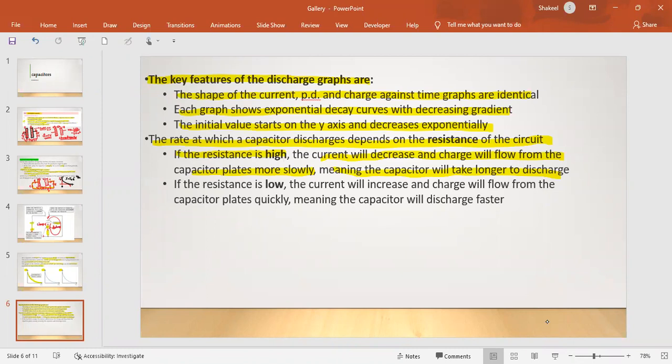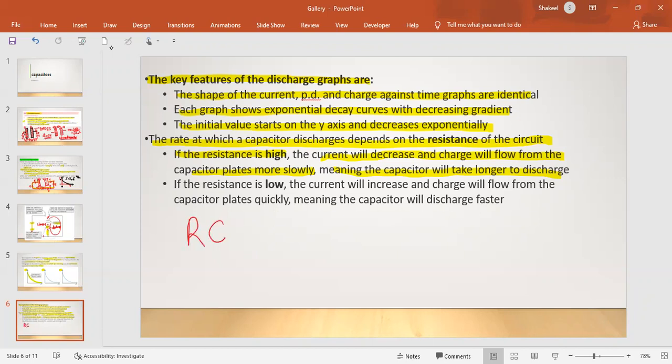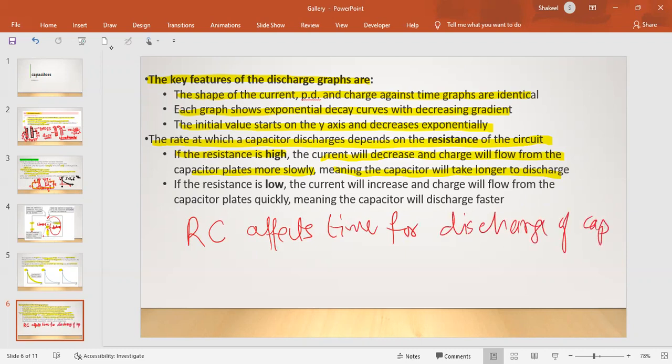I was going to tell you that RC affects the time for discharge of the capacitor. But how? What's the unit for R? Ohm.